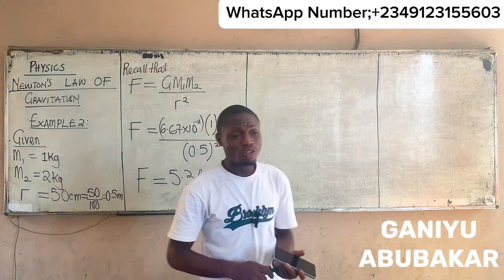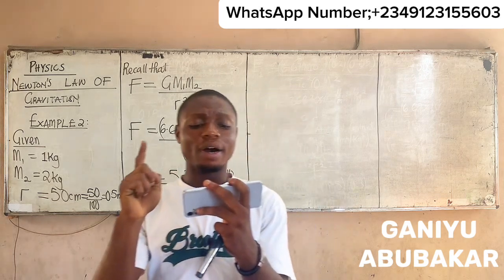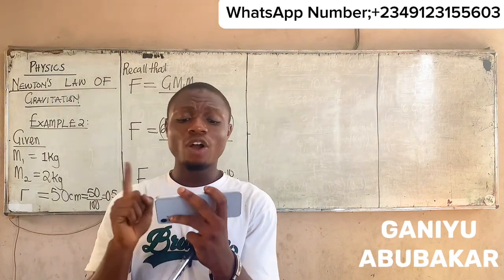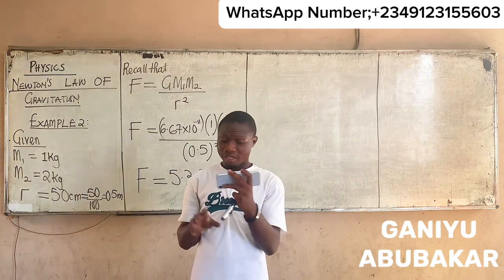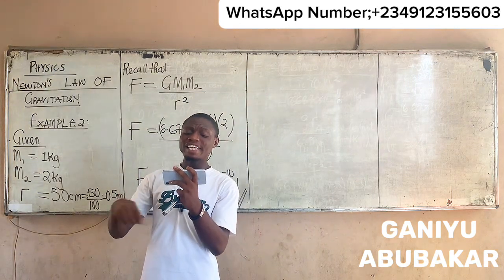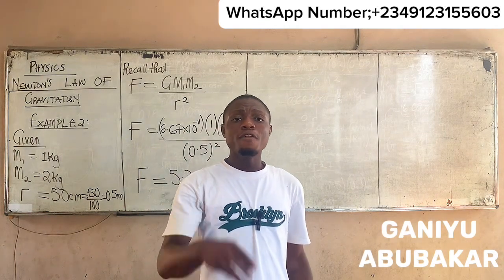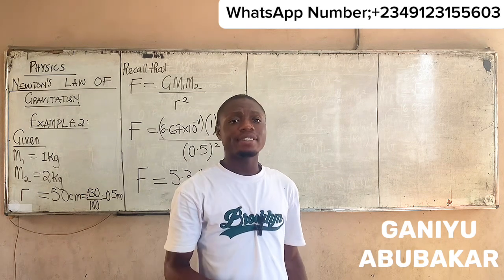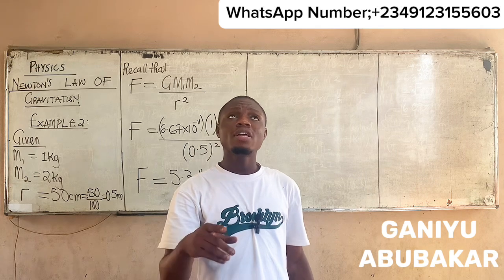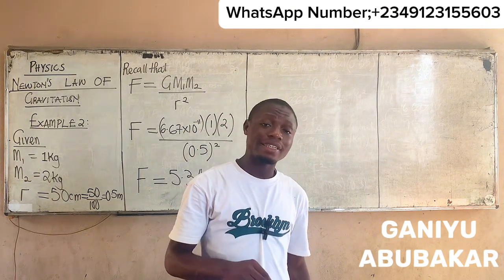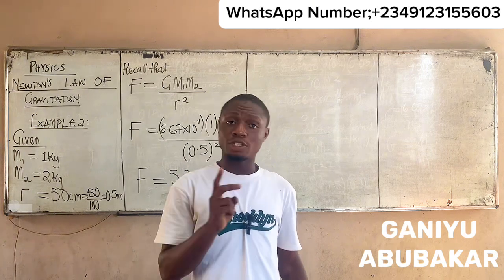By the way, that's not the end of the question. It says calculate the force attracting between them, and it now says find the initial acceleration for each particle. By particle, I mean the masses. I have two particles there: M1, M2, particle 1, particle 2.